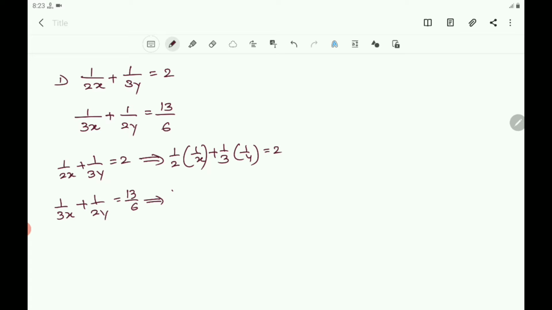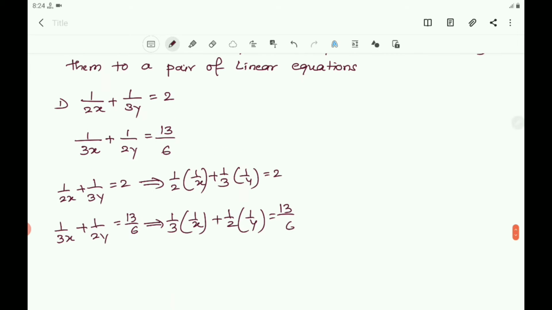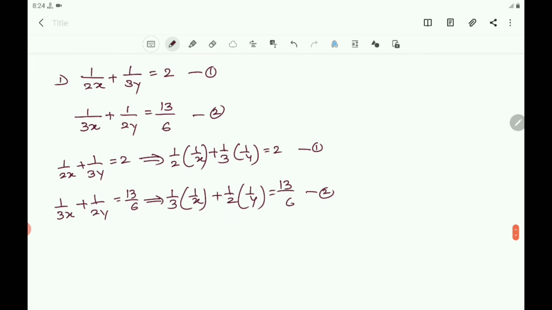Again you write it as 1/3 into 1/x plus 1/2 into 1/y equals 13/6. So the first and second equations are converted in this way.